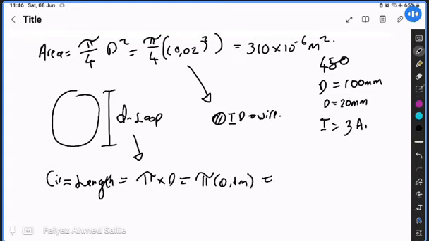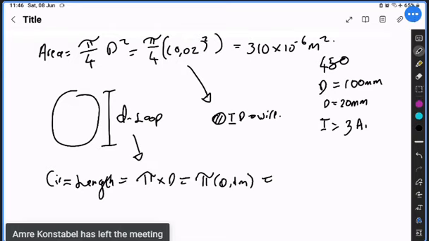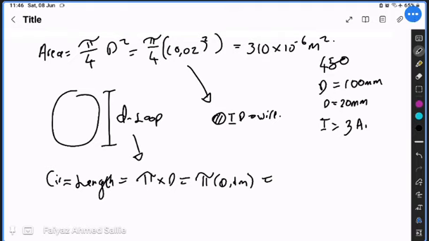If I punch that into my calculator, I get an answer of 310 times 10 to the minus 3 meters, and that can be converted to 0.31 meters.